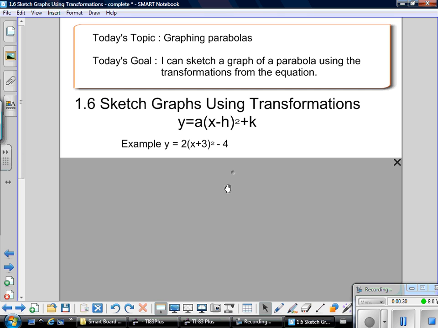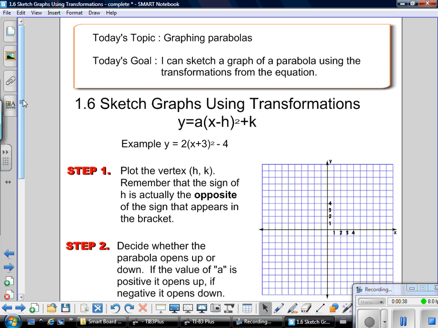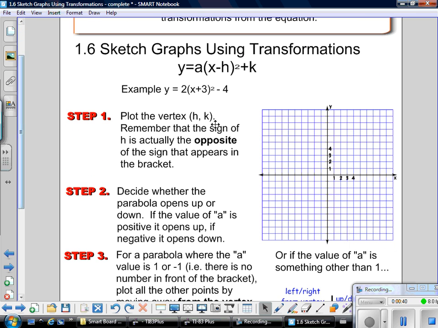So here's our example: y equals 2(x plus 3) squared minus 4. The first thing we're going to do is plot the vertex, the h and the k. It's really important to remember that the sign of h is actually the opposite of the sign that appears in the bracket. We talked about that and put a star beside it in that lesson.